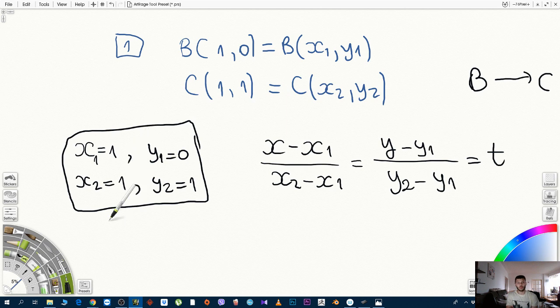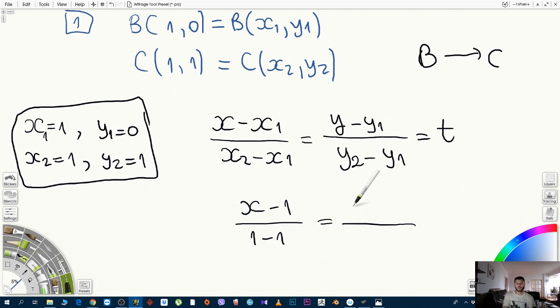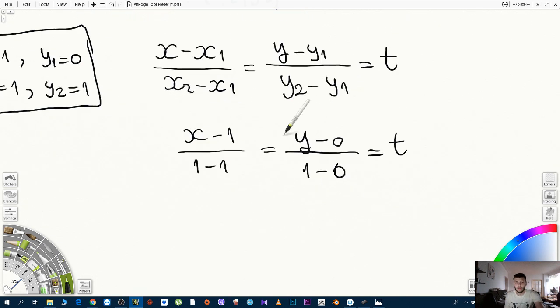So x minus 1 over 1 minus 1 is equal to y minus 0 over 1 minus 0, and that is equal to t.